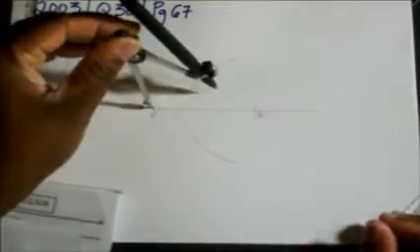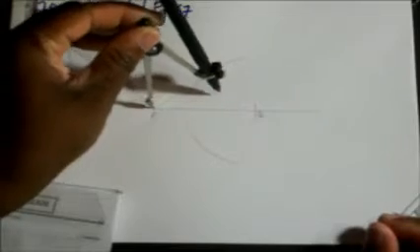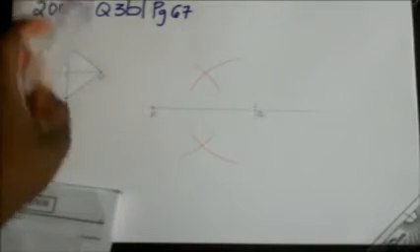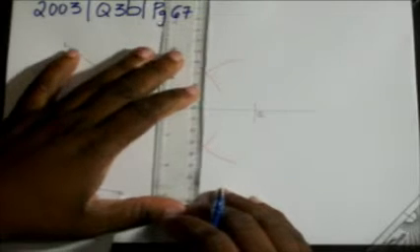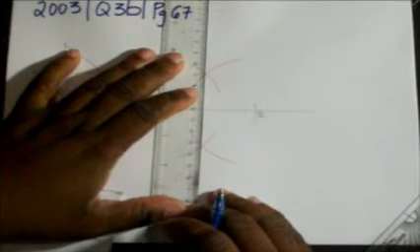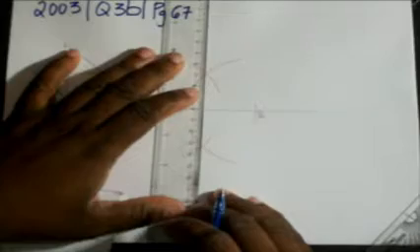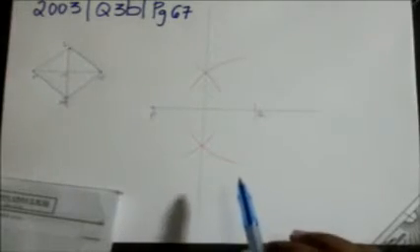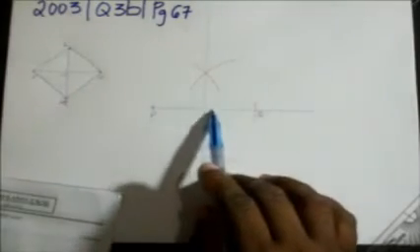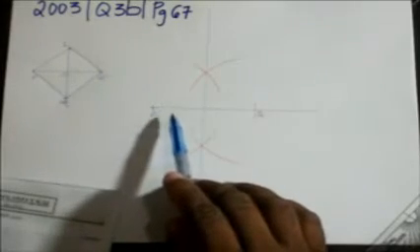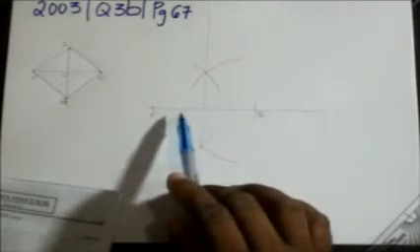Then without shifting the compass, let P be the center, and scribe an arc above and an arc below to cut the first 2 arcs that we drew. Then we just draw a line through where the arcs intersect. Ladies and gentlemen, the line that we just drew is a perpendicular bisector. It's perpendicular because it meets line PQ at a right angle, and it's a bisector because it divides PQ into 2 equal halves.